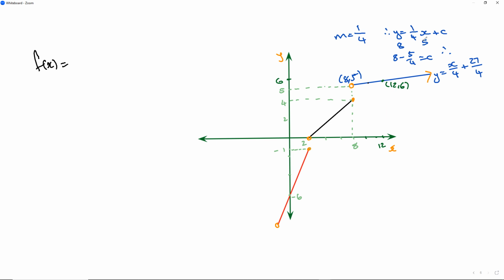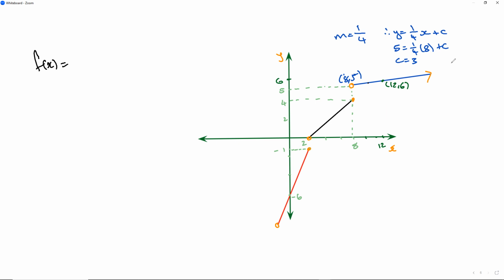Then I substitute. I got my x and y the other way around, right? So you can see this is going to be 5 equals 1/4 times 8 plus c. That's better, and it becomes 2. 5 minus 2 is 3. So this line is obviously not drawn perfectly. So c is equal to 3, with x equal to 8 and y equal to 5.